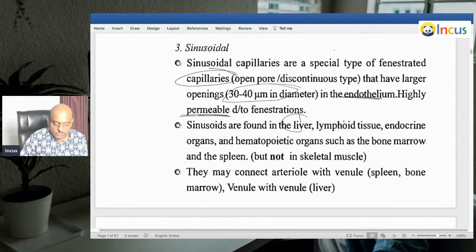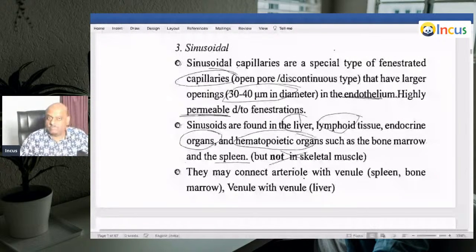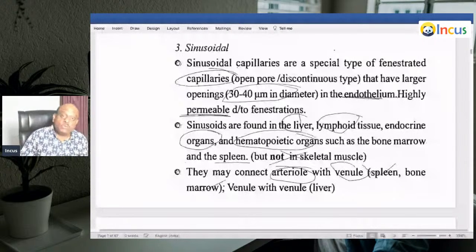Liver, lymphoid tissue, endocrine organs, hemopoietic organs like the bone marrow and spleen, not in the skeletal muscle. These sinusoidal capillaries can connect an arteriole with a venule, for example in the spleen or bone marrow, or they may connect a venule with another venule, as in the case of the liver, is what you need to emphatically remember.